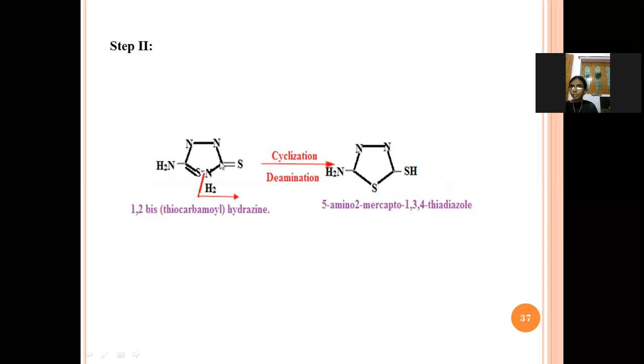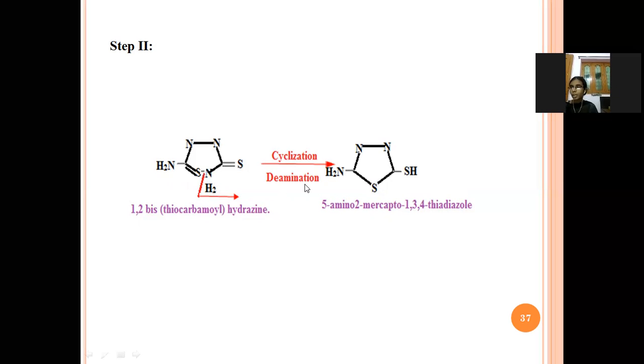So in the second step, the end product that came in step 1, that is 1, 2 bis thiocarbamyl hydrazine, undergoes cyclization and deamination. Cyclization means the structure undergoes a cyclic process, and deamination means the amine group is eliminated. See, NH2 is eliminated.